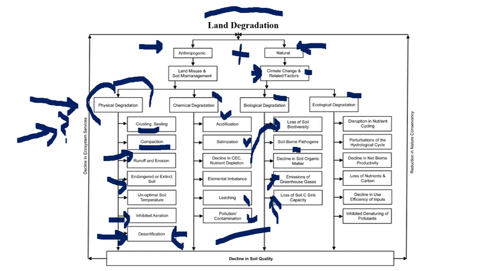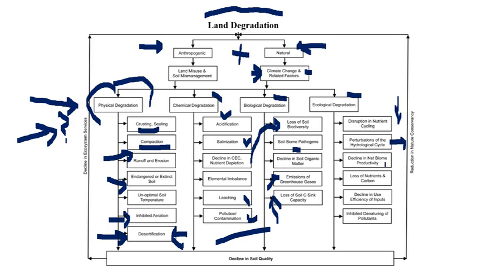Now you see, besides physical, chemical, and biological degradation of soil, ultimately it leads to ecological degradation. Nutrient cycling or biogeochemical cycling will get disrupted. The hydrological cycle will get disrupted.